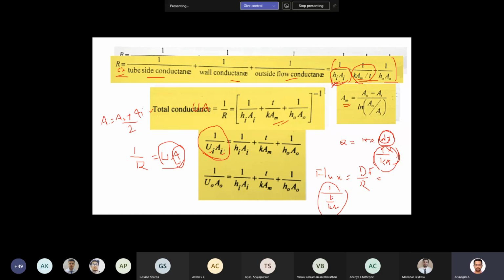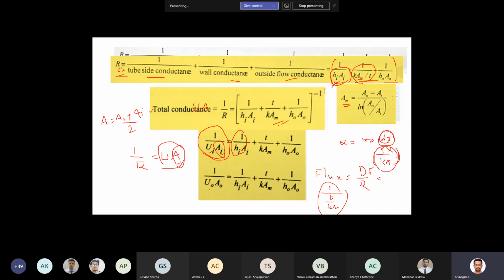So you can represent 1 by U in both ways. If you calculate based on the inside area, then 1 by UiAi is equal to 1 by hiAi plus t by kAm plus 1 by hoAo. Here 1 by UoAo is equal to 1 by hiAi plus t by kAm plus 1 by hoAo. In heat transfer you might have studied the derivation of these equations in detail.